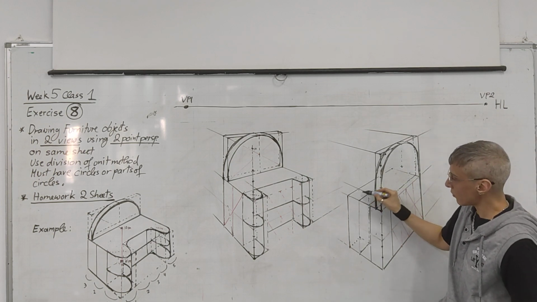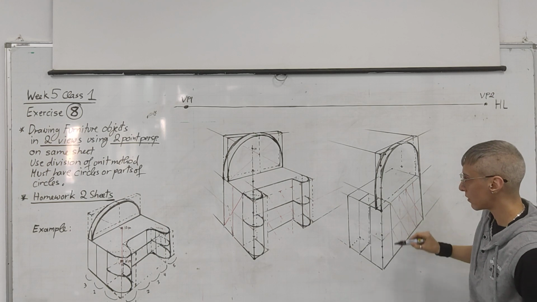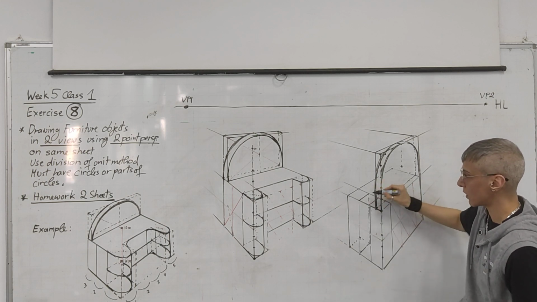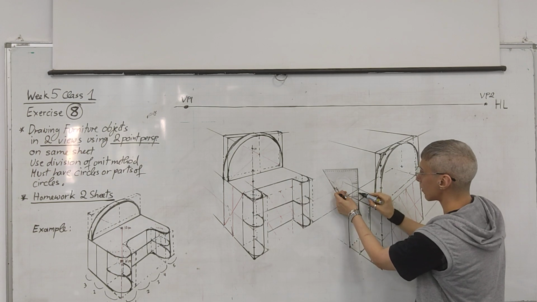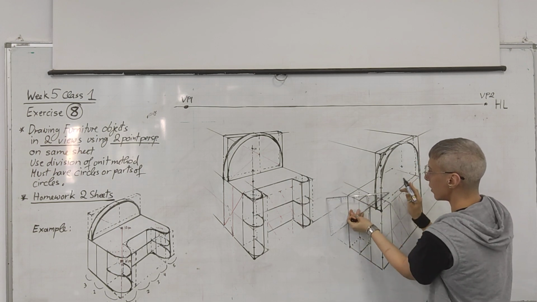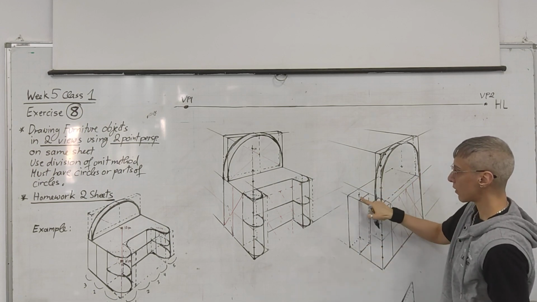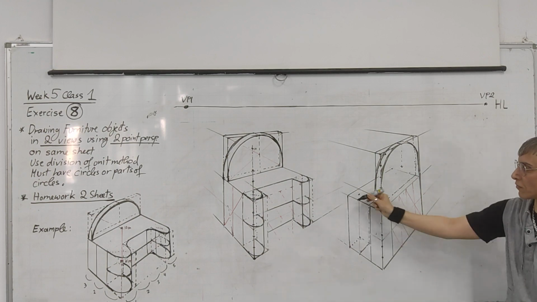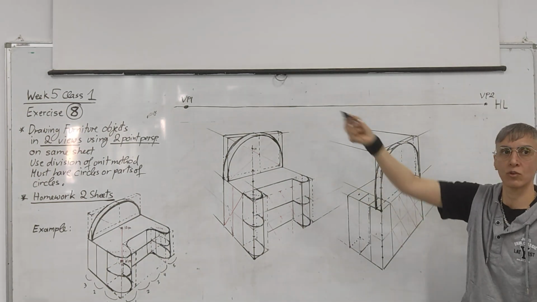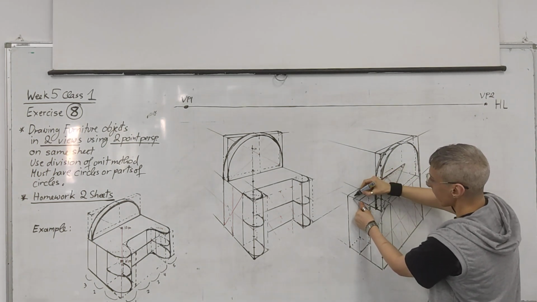To find the 3 points here to make this curve, and this is a straight line and a straight line. So we need half of this surface, or actually this one here. We will put the diagonals from here to here, and from here to here. So this is here the center. Now this center, we find this line and this line, and they have to go to the vanishing points.